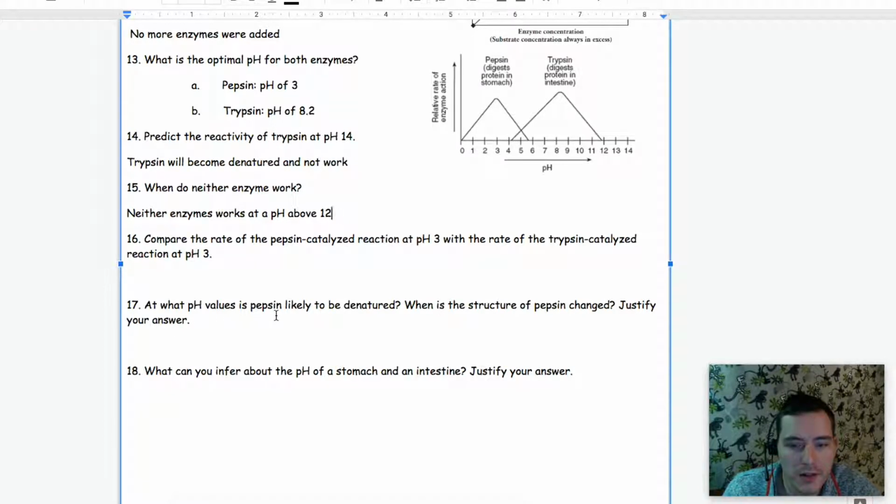At what pH values is pepsin likely to be denatured? Well, above or below a pH of 3, because that is the optimal pH for that enzyme.